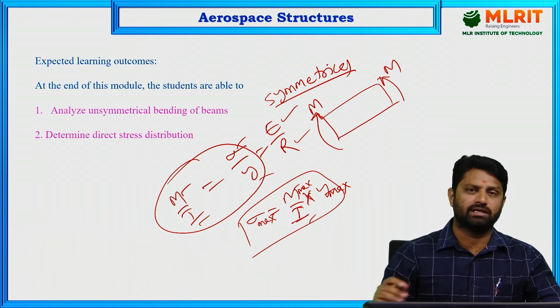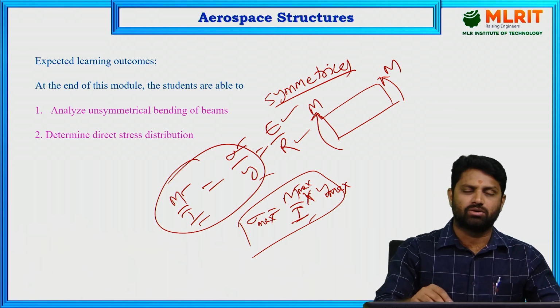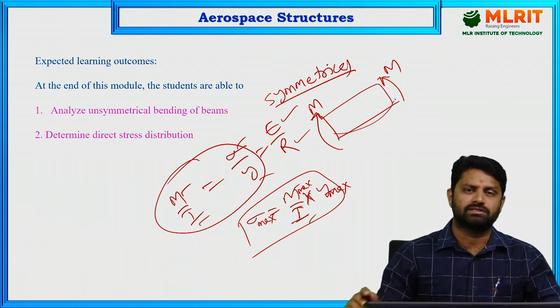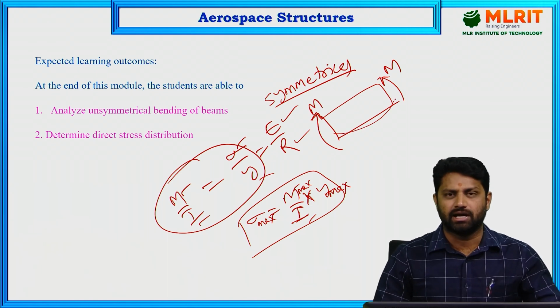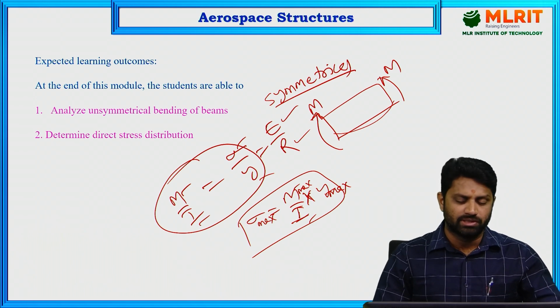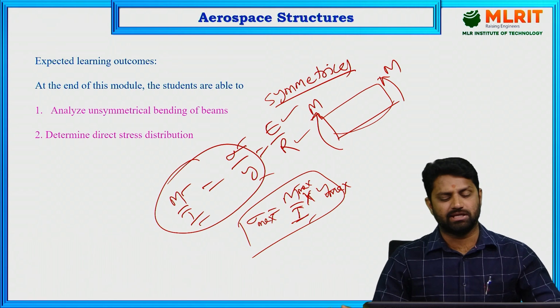We assume the top flanges are compressed and the bottom layers are in tension, and there exists a layer about which there is no tension or compression, which we call the neutral axis. This is the symmetrical bending we have seen in the previous mechanics of solids subject.